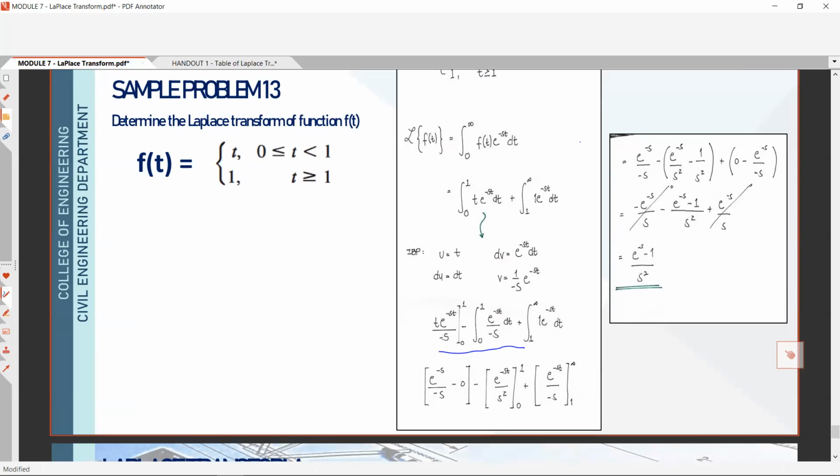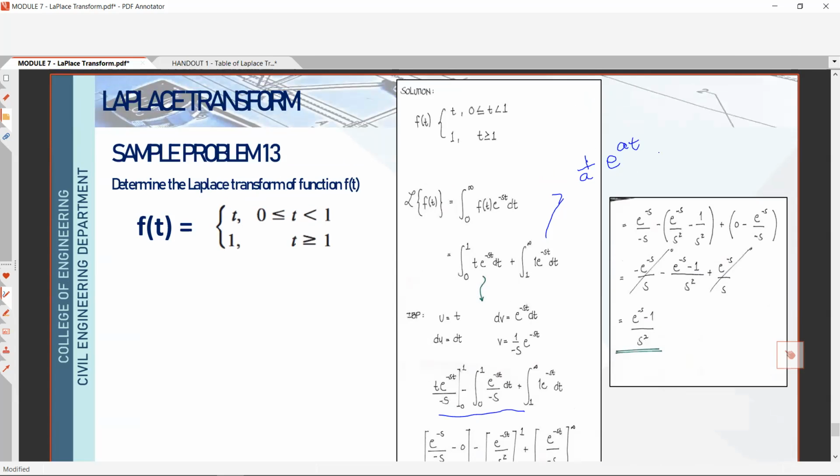What is the integral of e raised to negative st? Right, 1 over alpha e raised to alpha t, whatever alpha is, that is also what you put. So the constant is equivalent to negative 1 over s e raised to negative st. So you already know that.